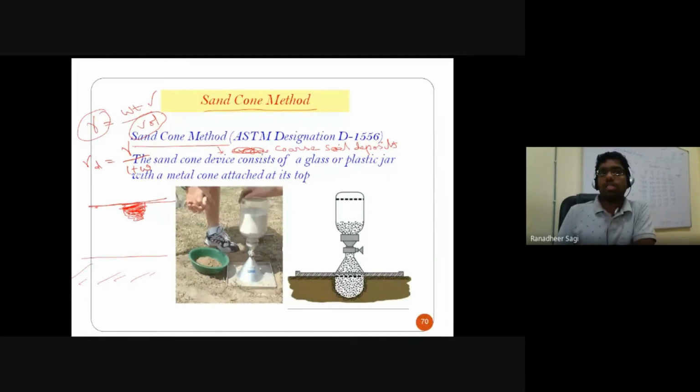Then this sand cone method is going to be a better test. Even in the case of fine grain soils, the sand cone method is considered relatively effective. However, the other commonly used method, the core cutter method, cannot be used in the case of coarse grain soil. It is effective only in the case of fine grain soil.